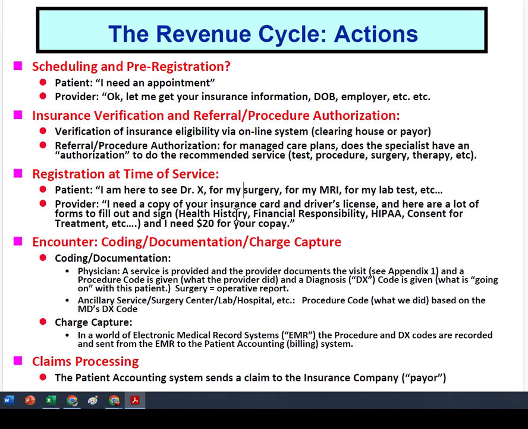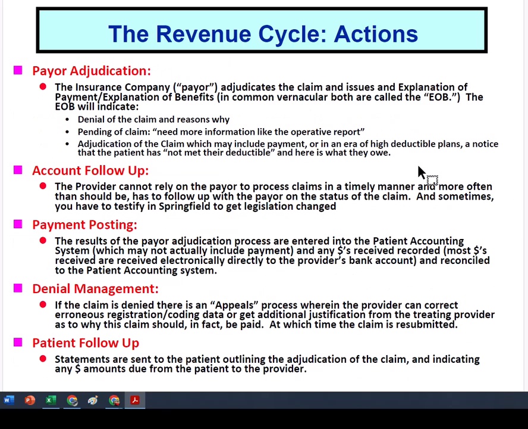The claim goes to the insurance company, there's some kind of adjudication, they pay it, they deny it, and they issue some kind of remittance to the provider, an explanation of payment. To the patient, it's an explanation of benefit. But in the common vernacular, usually people just call it an explanation of benefit or EOB either way.